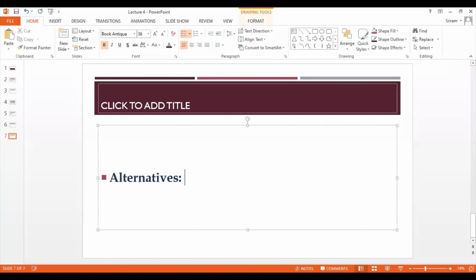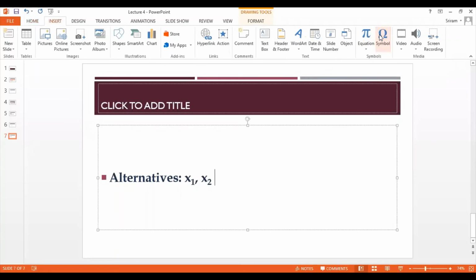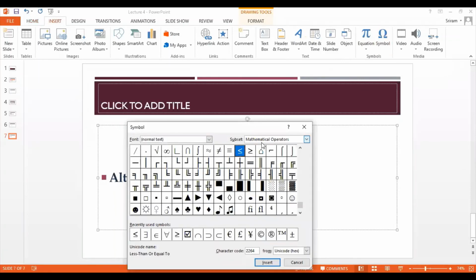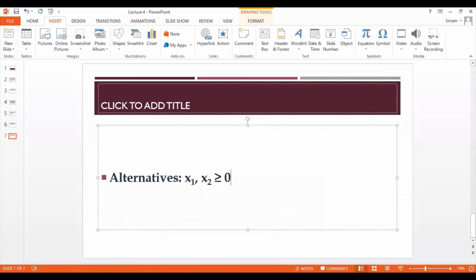What are all the x values we have? We have x1 and x2. So both x1 and x2 are greater than or equal to 0, because all our values should be greater than or equal to 0.